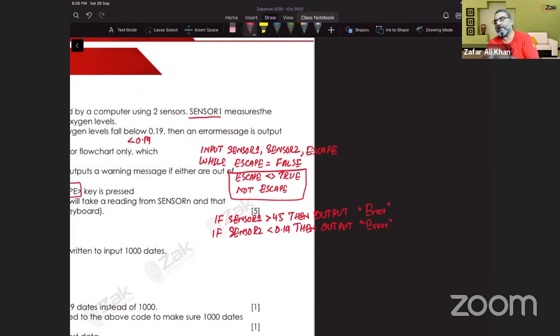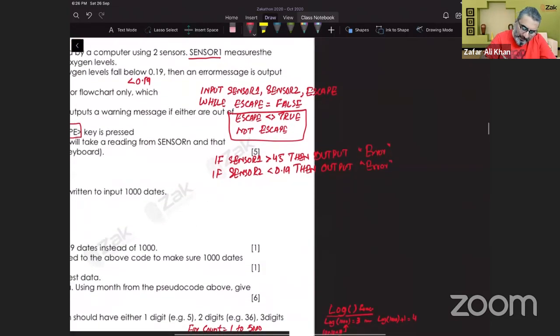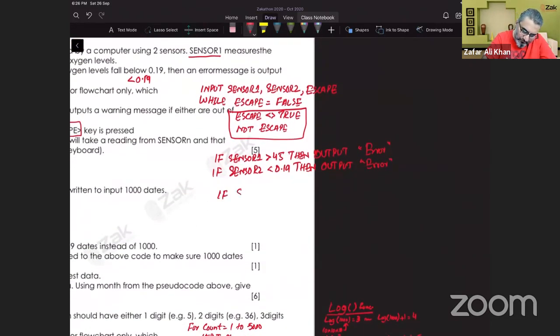Now there might be variations. It might be like: if sensor 1 is greater than 45 or sensor 2 is less than 0.19, then output "error".